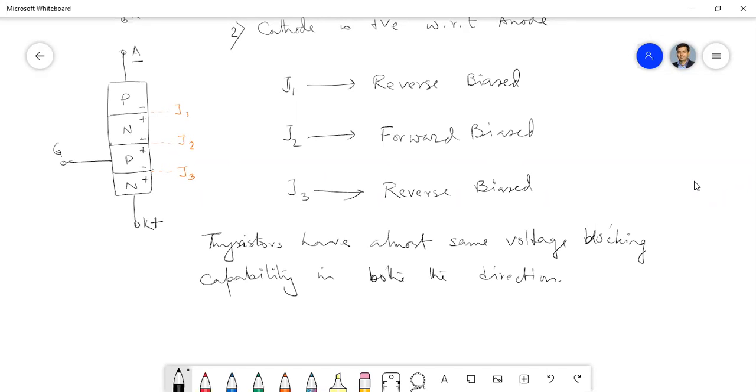No other power electronic device has this ability. Only the thyristor has.